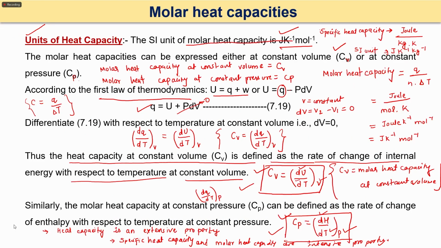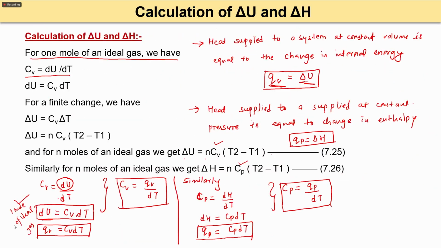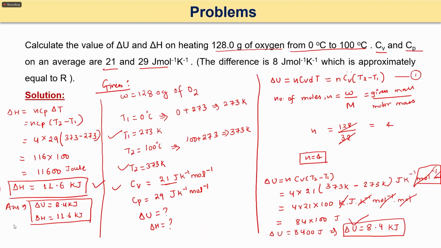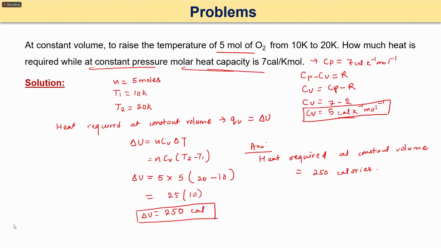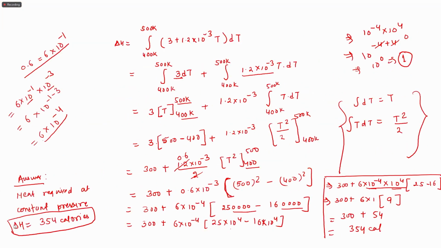After that we derived the expression for this CP and CV. After that we derived the relationship between them, and then we calculated the delta U and delta H values, and after that we solved these problems based on this. So this is what we solved today.